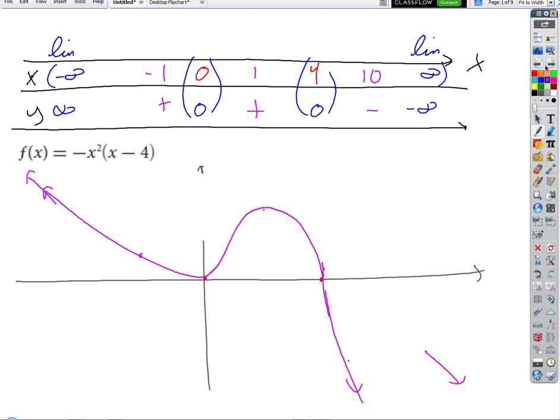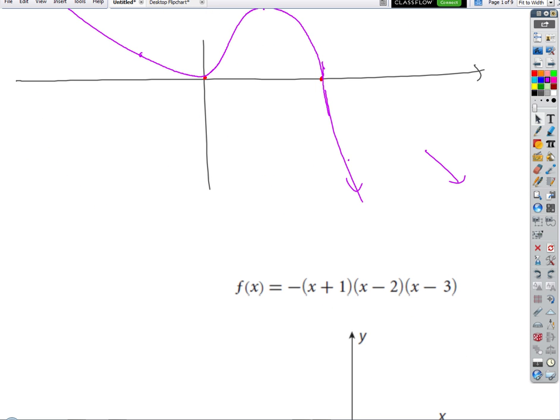Okay, try one of those. In my mind, this is maybe the most important thing we've learned.